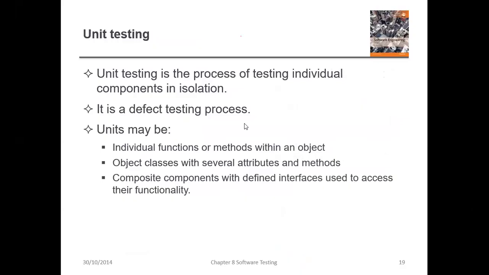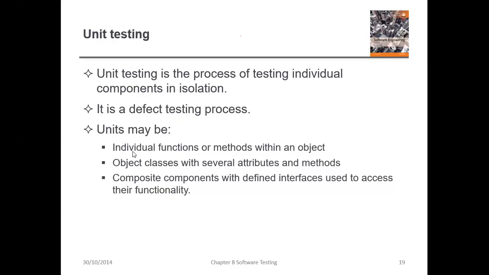That is to say that when you are performing unit testing, you are actually looking for defects, errors in the system. So you choose your data that will allow you to expose the defects in the unit. Okay, so you choose your test data that will help you expose or discover the defects in the unit.